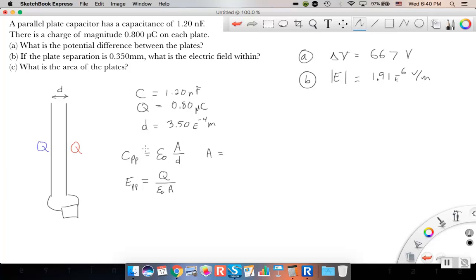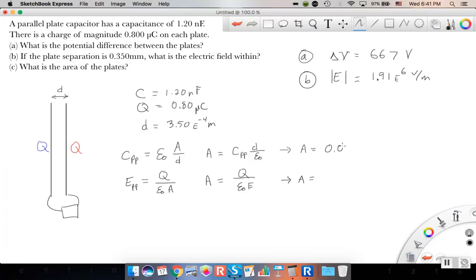A little bit of algebra will give us that the area is either equal to the capacitance times the separation distance over epsilon naught, or we can say that it is equal to the charge divided by epsilon naught times the E field. They should give us the same answer.